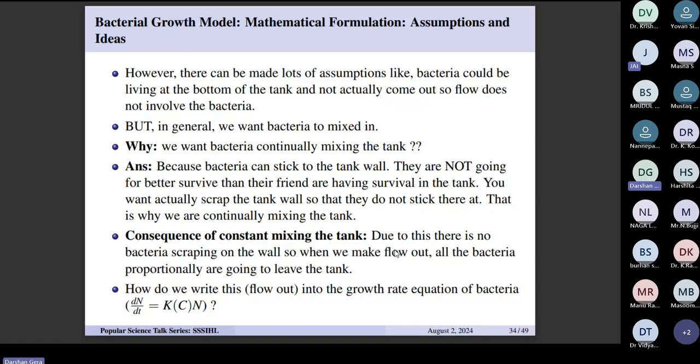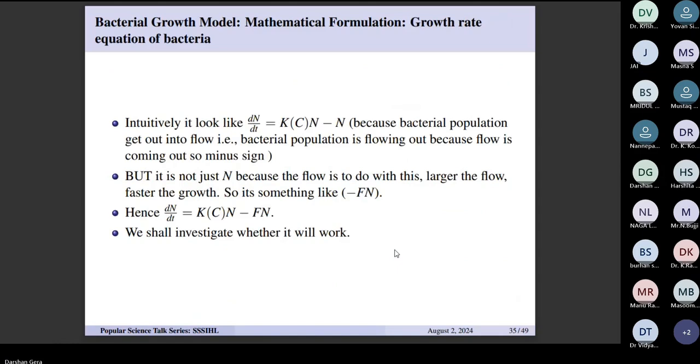So how will you put the idea of bacteria going out from the tank into this bacterial growth model? I only have to write here the flow getting out: how many bacteria will get out in unit time. A crude idea may be to just subtract n, but this will not be correct.